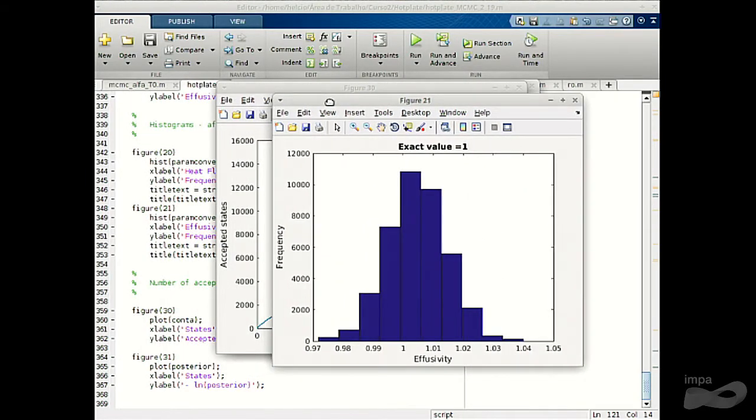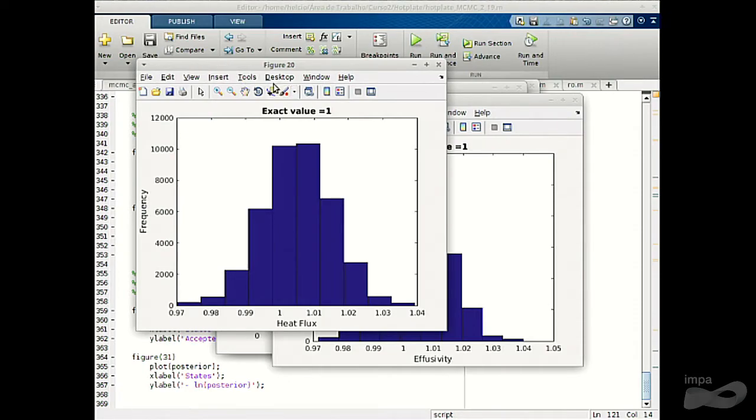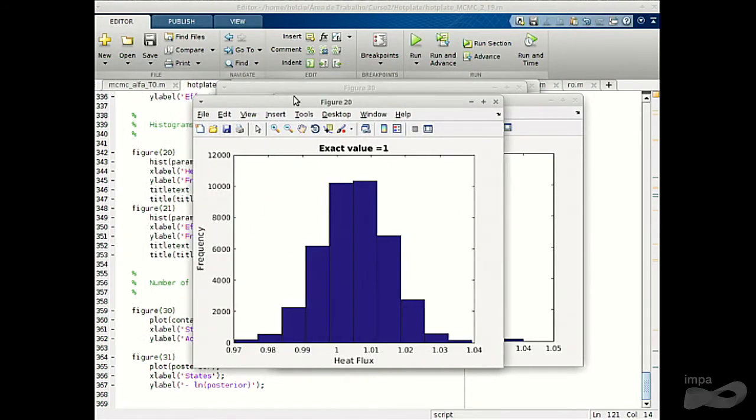This is effusivity, okay? So we have a nice Gaussian distribution because we had a very nice prior, right? And what about the heat flux? This is what we get for the heat flux, okay? So we get a very nice estimate for the heat flux, although the two parameters are completely correlated, because we kind of fixed one of the parameters, but we do not fix it deterministically as we do for the classical parameter estimation, okay?